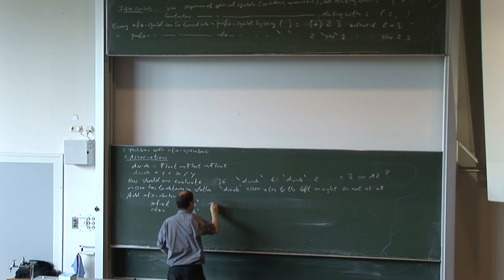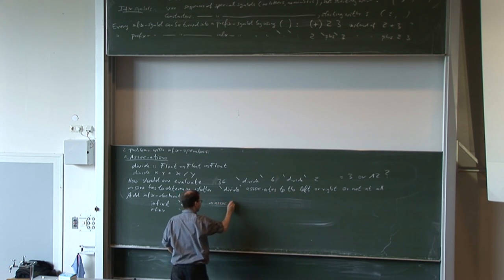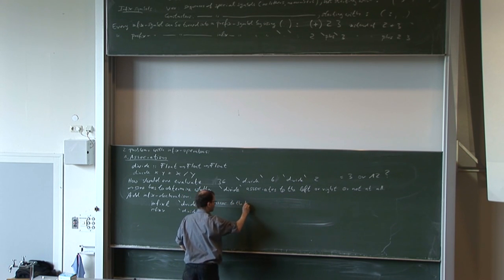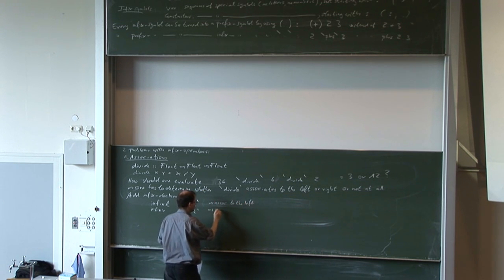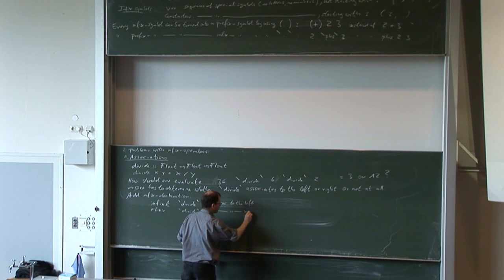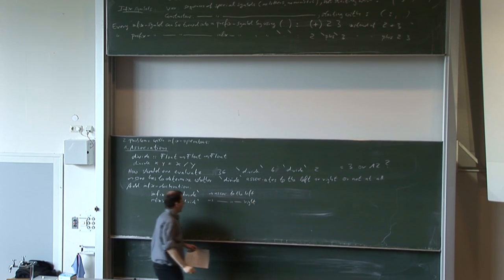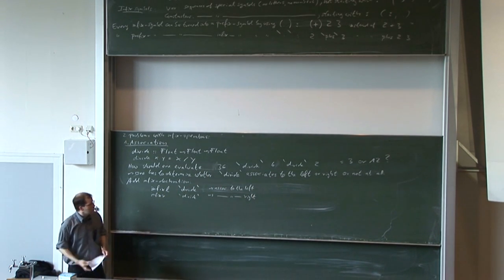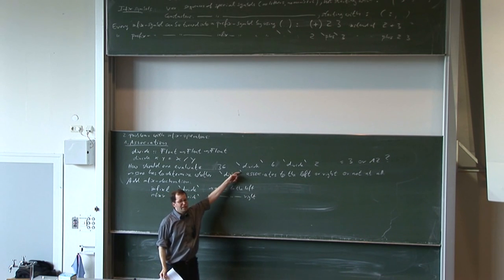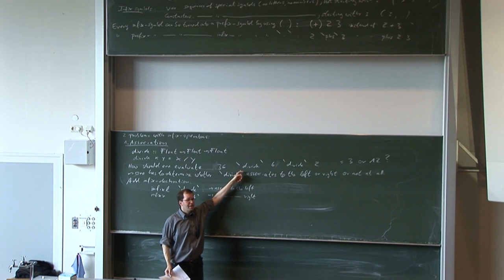So this means associate to the left. This would mean associate to the right. And you can also say, I don't want to have expressions like this. Such expressions are illegal. Whenever the programmer writes something like this it is a program error, because the programmer should write brackets if he writes something like this.